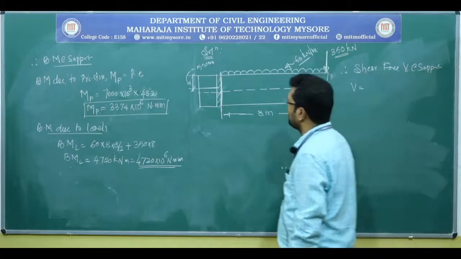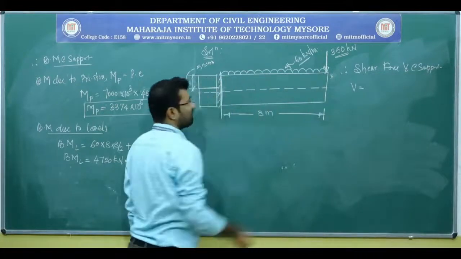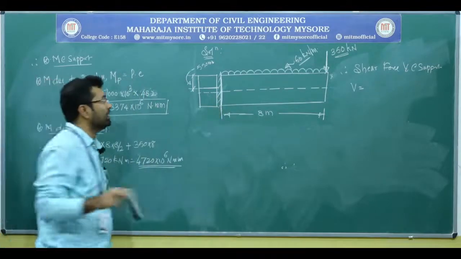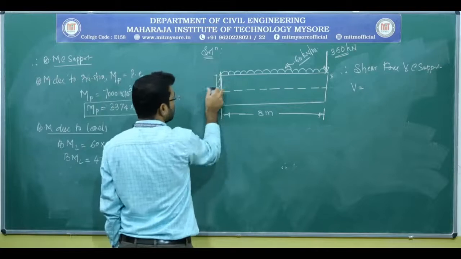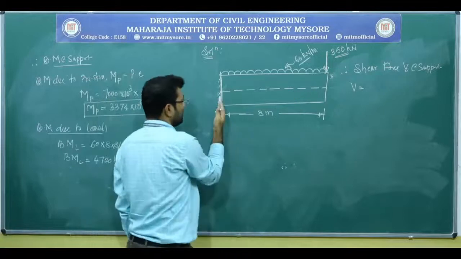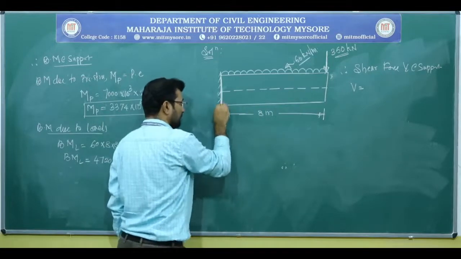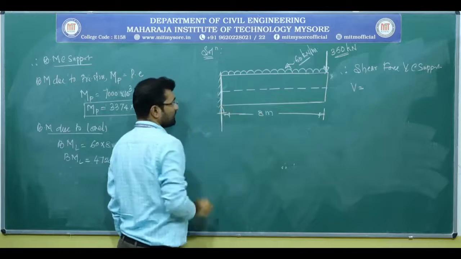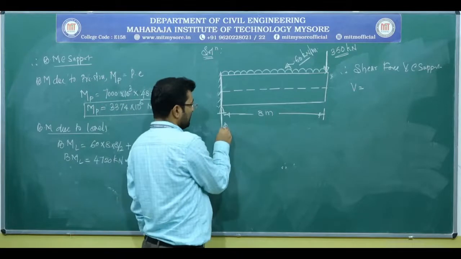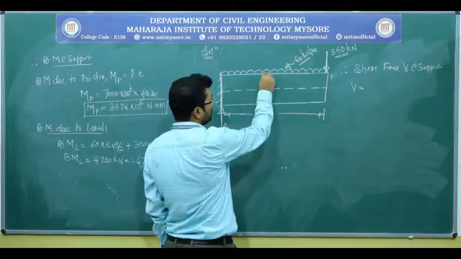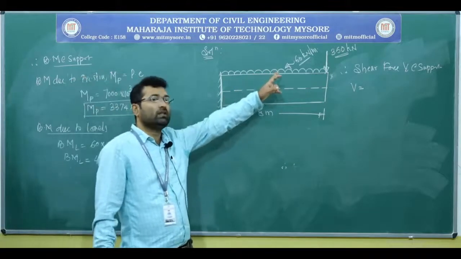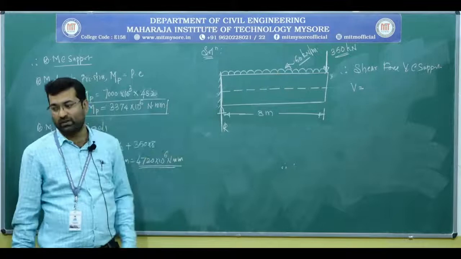Now you can see, as we have only one support, that is the support at the other end, I can say that whatever the load which is acting on the beam, that entire load will be registered by the reaction which acts somewhere here, right. So I can say straight away that the reaction is equal to the total load, or the shear force acting at the support is nothing but the total load which is acting over the beam.